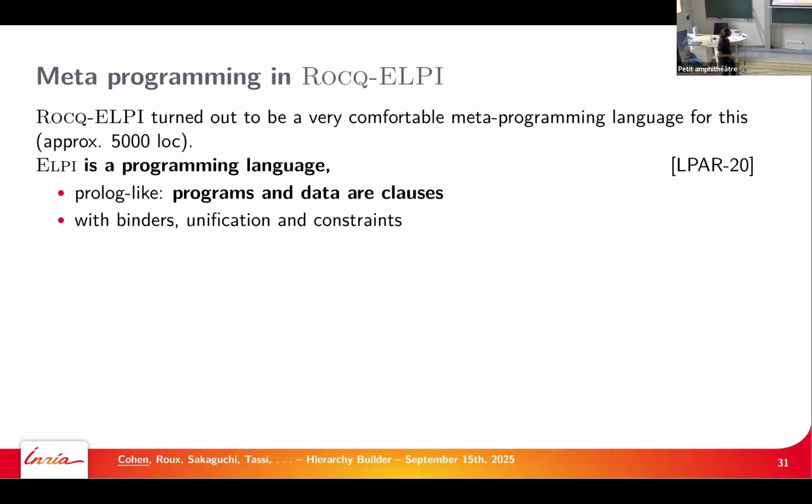You just reuse the native, built-in notion of binder from LP, and it becomes your binders for Rocq. That's really, really comfortable to work with. You can call different kinds of unifications according to your needs. And you can use the constraint handling rules system to defer tasks for later.